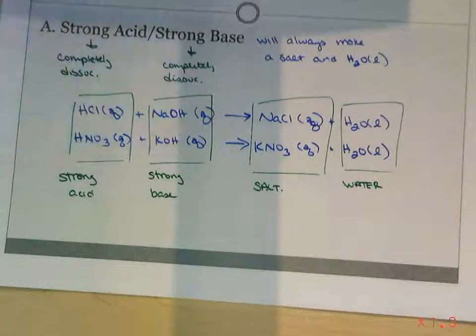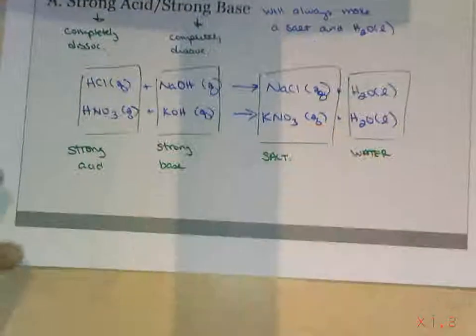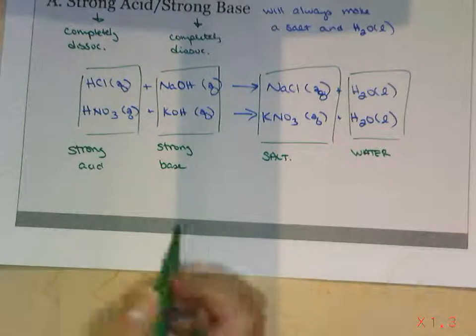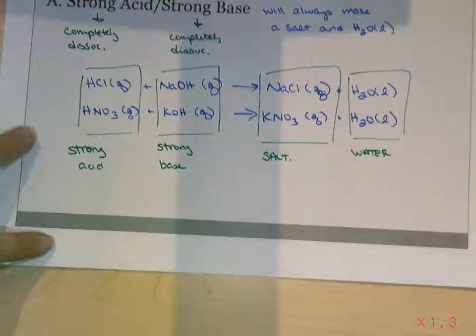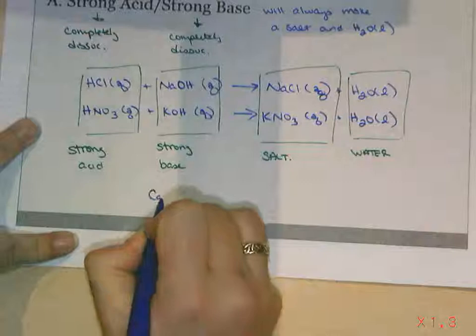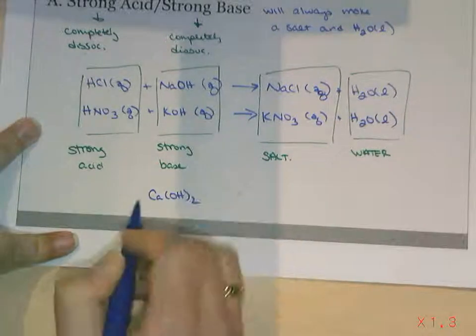Yes, Stephanie? What if the strong base is like CaOH2? Then we have to rebalance it. We can do that. So CaOH2. And let's see, which acid should I use with that?